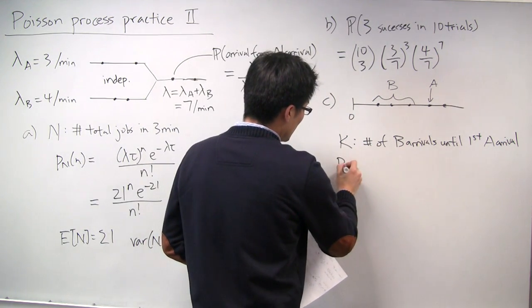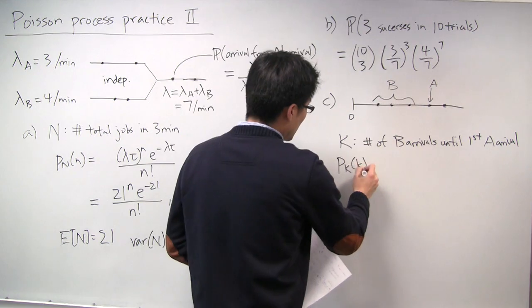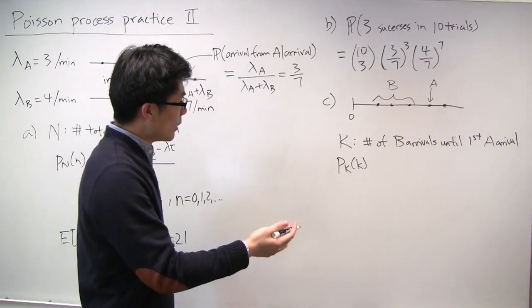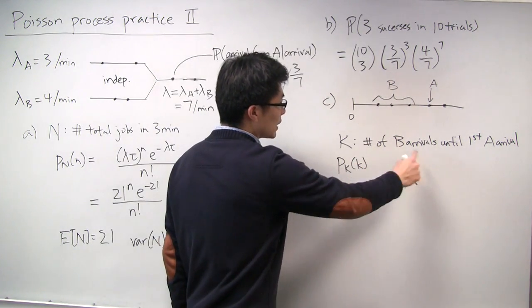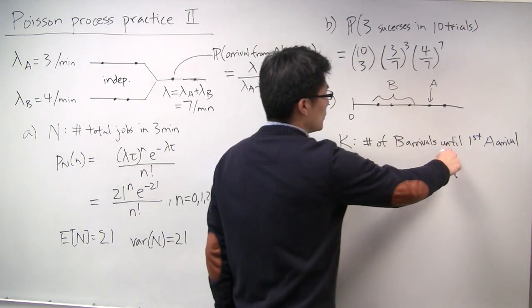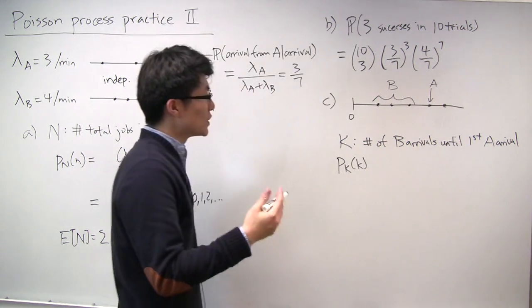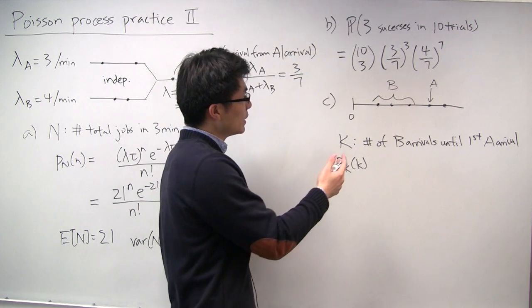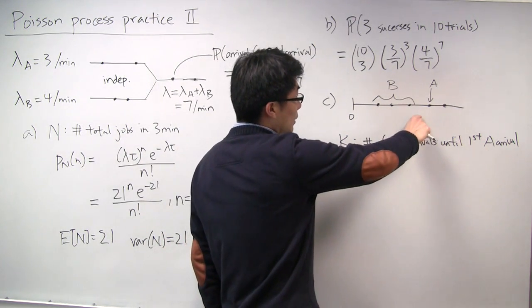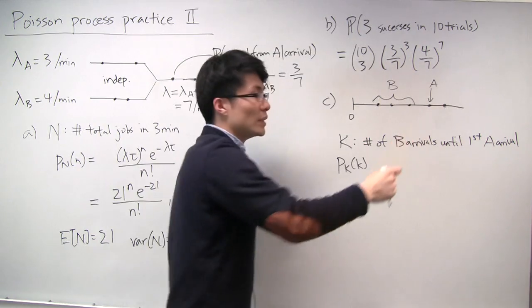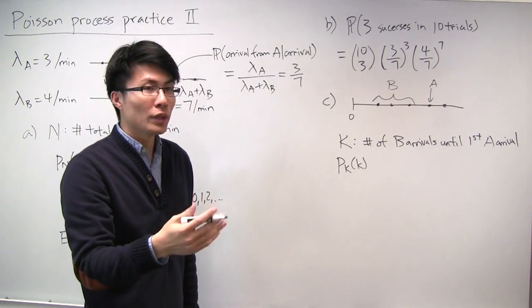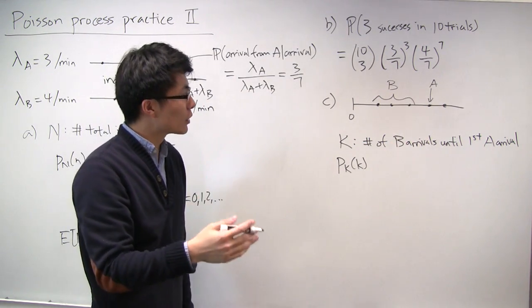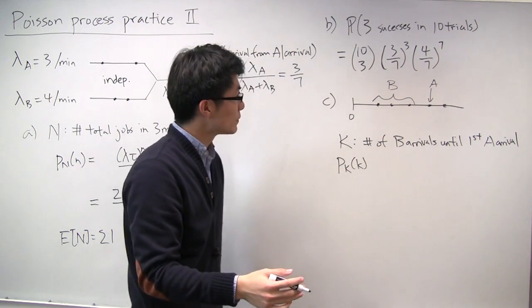And the PMF of K, this is the probability that there are K B arrivals up to the first A arrival. And what we just said is that that is equivalent to the first A arrival occurring on arrival number K plus 1.